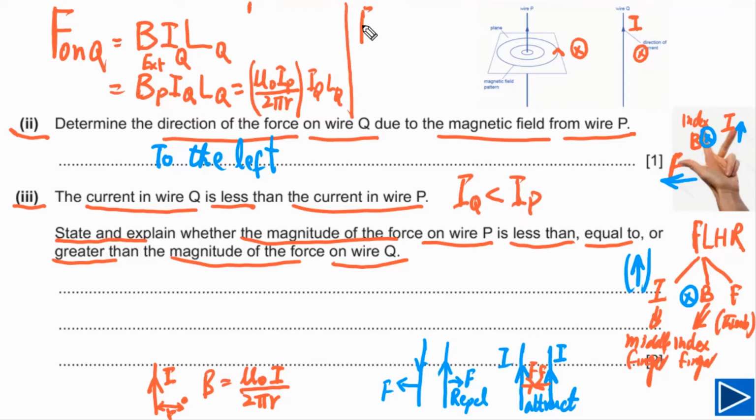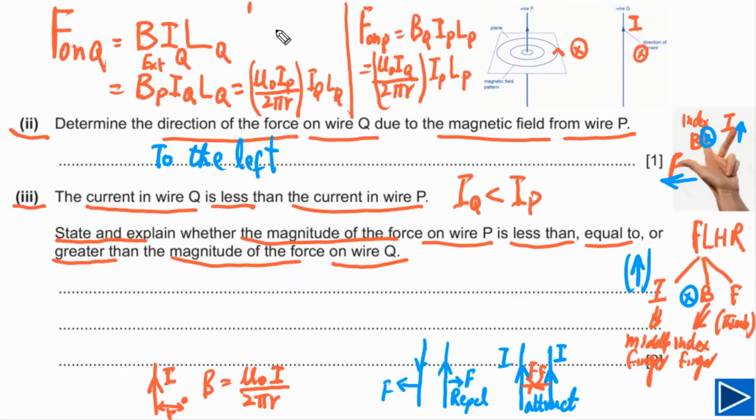But if we need to find the magnitude of force on P, we have to use the magnetic field due to Q, current in P, and L of P. Now if we write the magnetic field due to Q, we write mu naught IQ divided by 2 pi r, and this is multiplied with IP times LP.